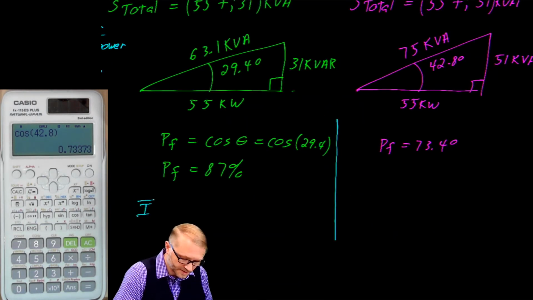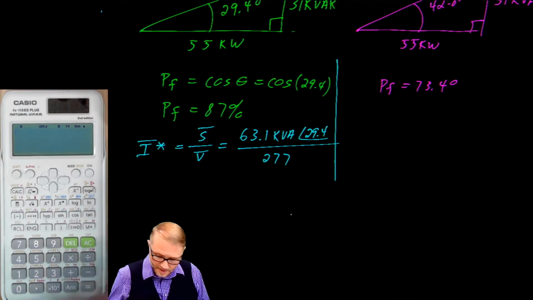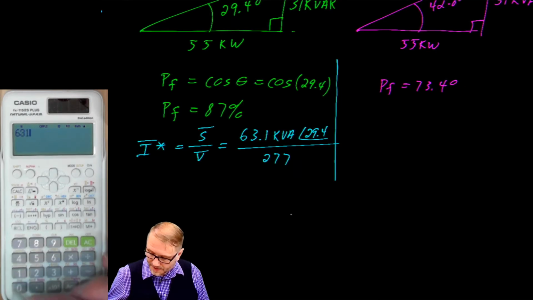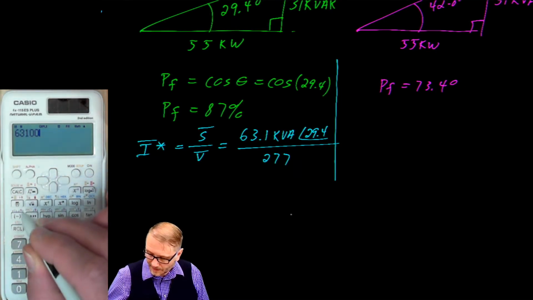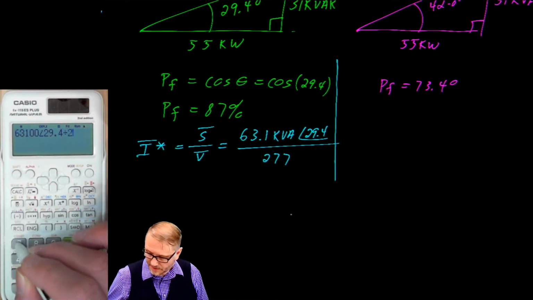With the capacitor, the complex conjugate of the current is equal to the complex power over the voltage, which was 63.1 kVA at a phase angle of 29.4 over 277. That is 63100 at a phase angle of 29.4 divided by 277.